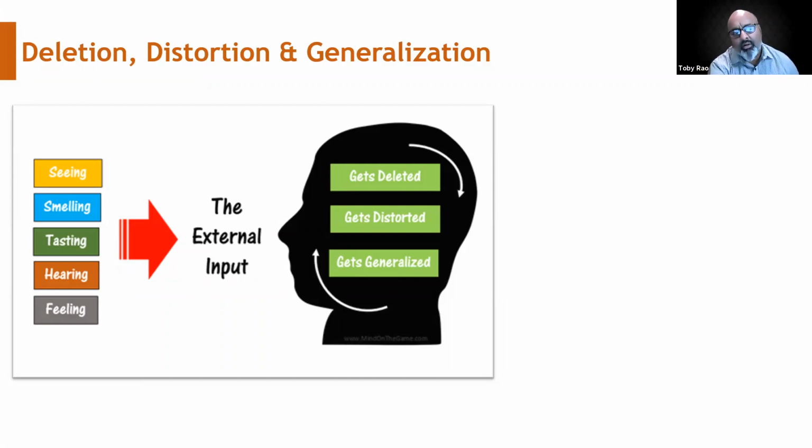The next is distortion. Distortion is where we take some information, but we use other things in our head to kind of mess with that, and it doesn't register the way it was intended to be. So for example, somebody might say, I don't think my boss likes me.